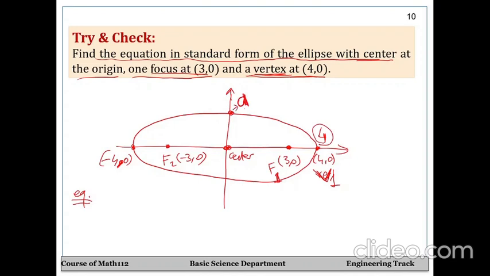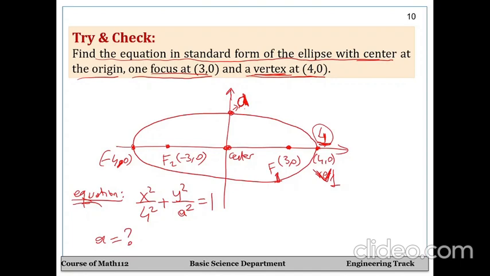So the equation will be x squared over 4 squared, the x-intercept squared, plus y squared over the y-intercept squared, which is a squared, equal to 1. Now the question here is how to get a.